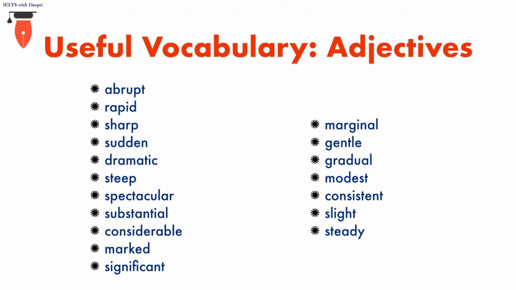So the kind of adjectives we are going to use is: there is an abrupt rise, or there was a sharp fall, there was a spectacular increase, a considerable percentage, a significant amount, a gradual decline, a slight increase, or there was a steady increase in the number of visitors. Like this, you can use different adjectives as vocabulary words to enhance the quality of your language.